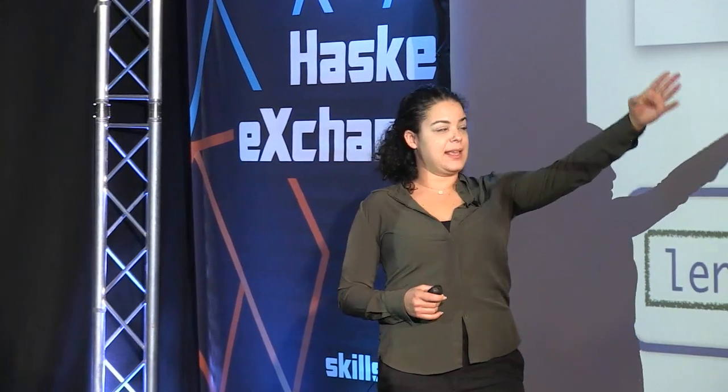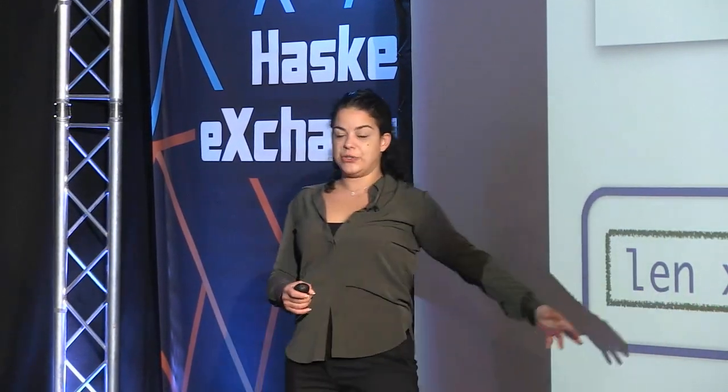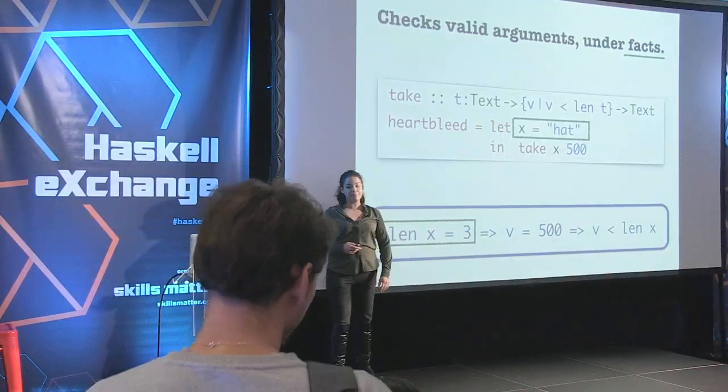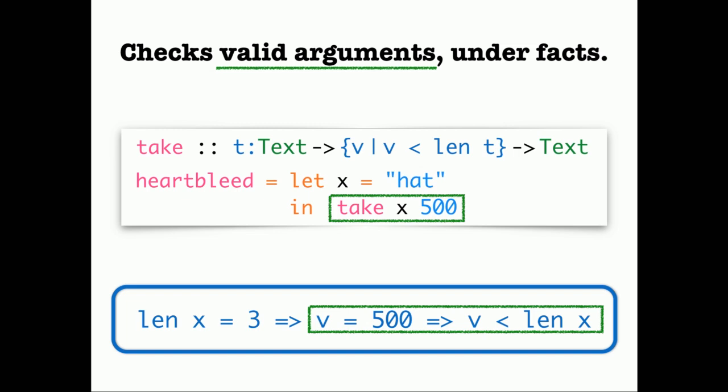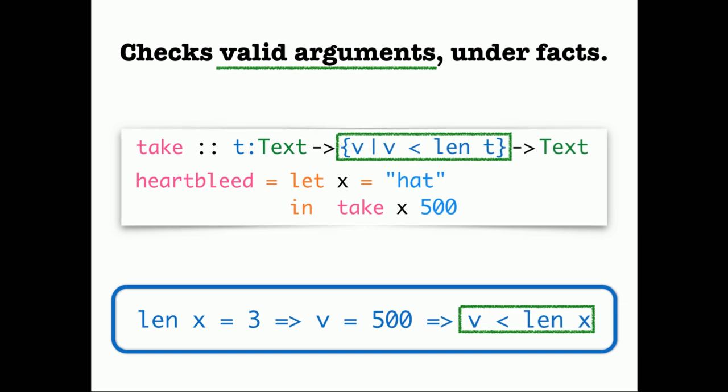And here the fact is that I have an x whose length is exactly equal to 3. And under this fact, I want to check if the arguments of take violate the specification of take. And the way this happens is it checks that the actual argument of take, a value that is exactly equal to 500, is a good argument for the specification of take. And the specification says that this value should be less than the length of x. So I generated an implication, and I want to check this implication.